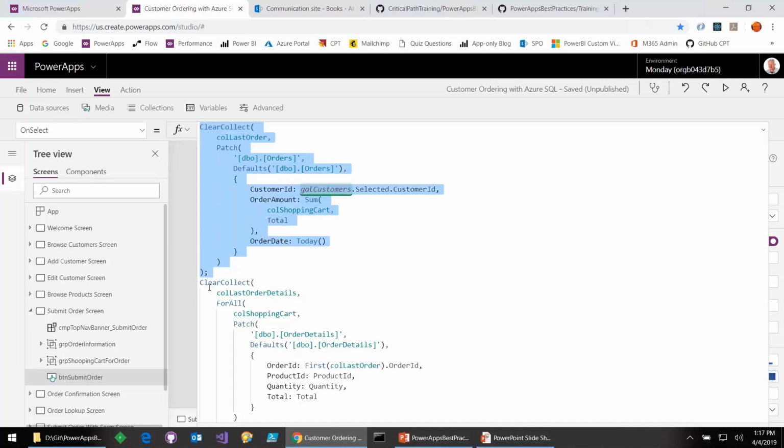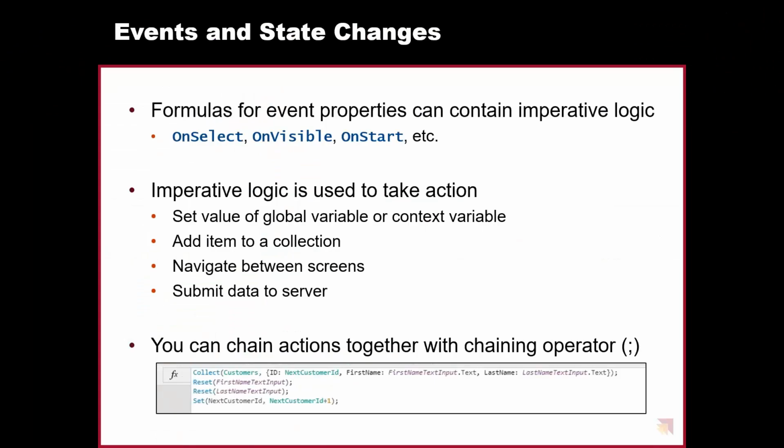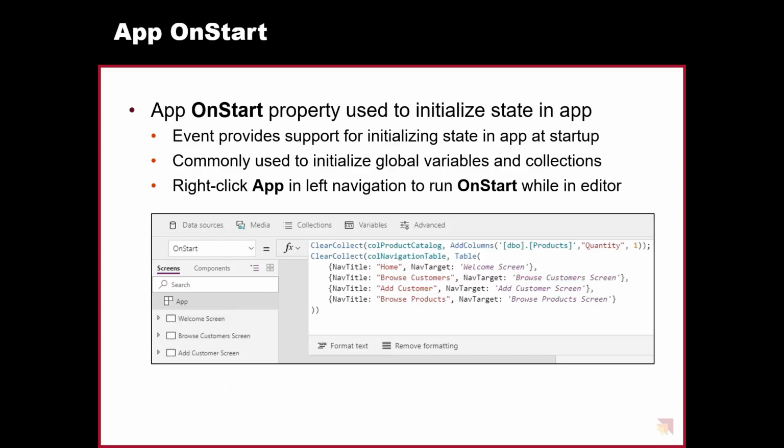And notice that we have the semicolon at the end that basically says after this statement is evaluated, and if it's imperative, it actually takes an action, and we wait sequentially for that action to complete, and then we execute the next one. So if you have multiple actions, we just chain them together with a semicolon, and just make sure you don't put a semicolon after the very last item.